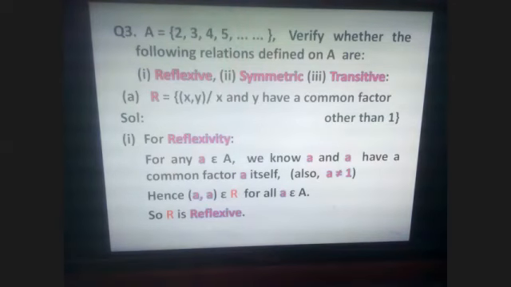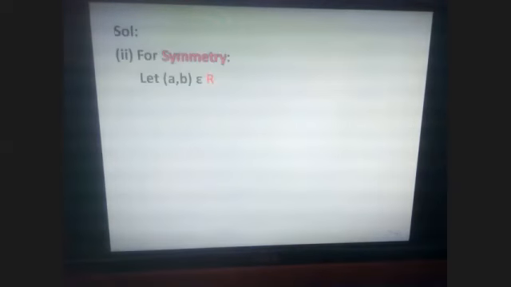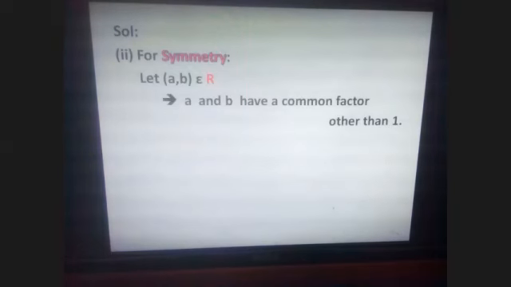Okay? Go ahead. You have to go on responding if at all I make any error. Well, for symmetry, suppose (a, b) is a member of R. You have to show that (b, a) is a member of R. When (a, b) is a member of R, we get a and b have a common factor other than 1. And now to show (b, a) is a member, you have to show b and a have a common factor.